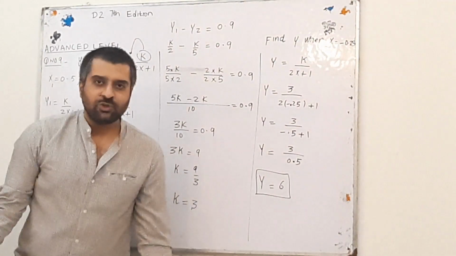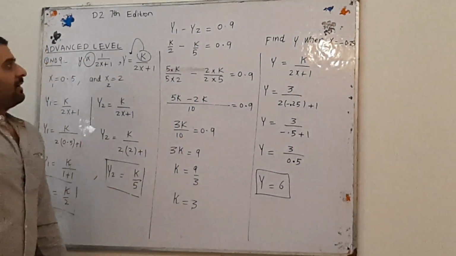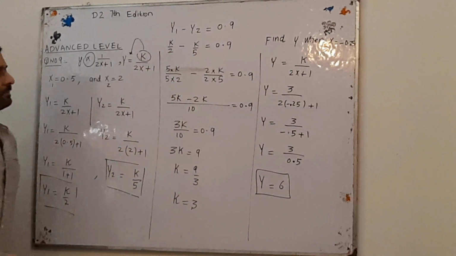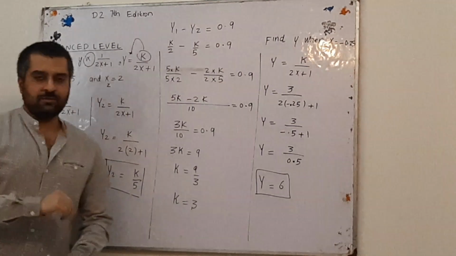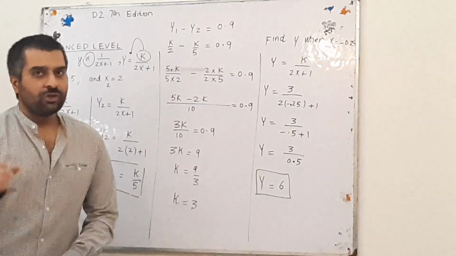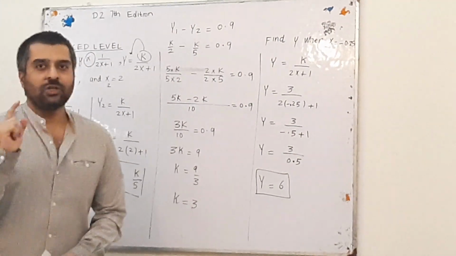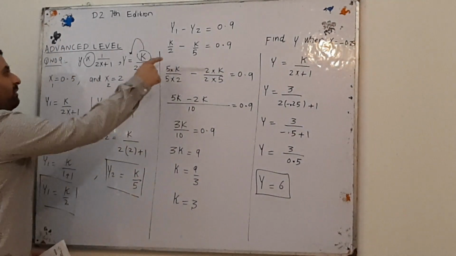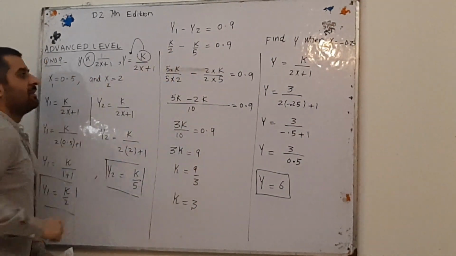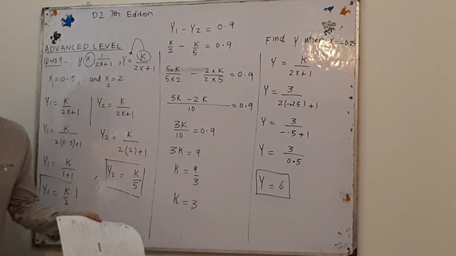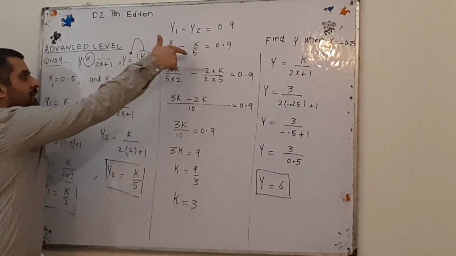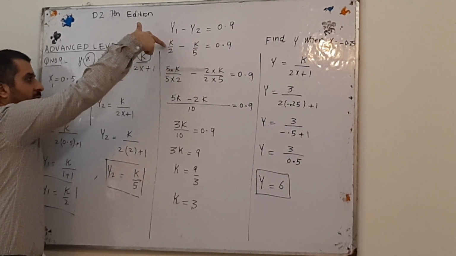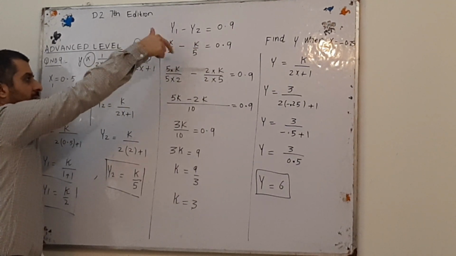We are going to find the value of k. You have different denominators, 2 and 5. I am going to use the technique of making the denominators the same.